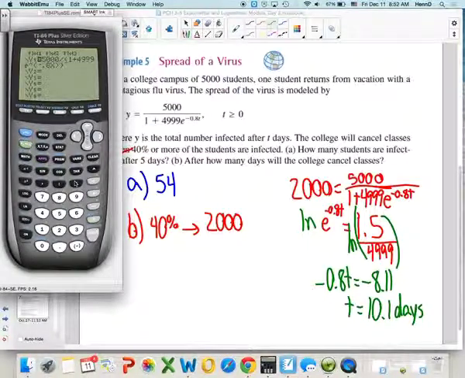Alright, I need my window to be set going from 0 to, let's say, 15, well, let's say we go all the way to 20 days. And my y min, I'm going to have go from 0 up to 5,000 students. Okay, and actually, let's stretch this out for a month. So here's 30 days. Now when I graph it, you can kind of see we're reaching capacity.